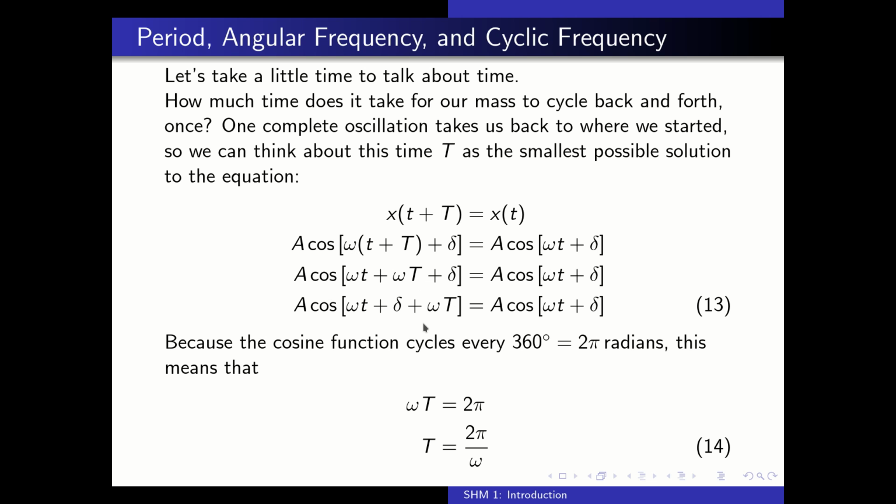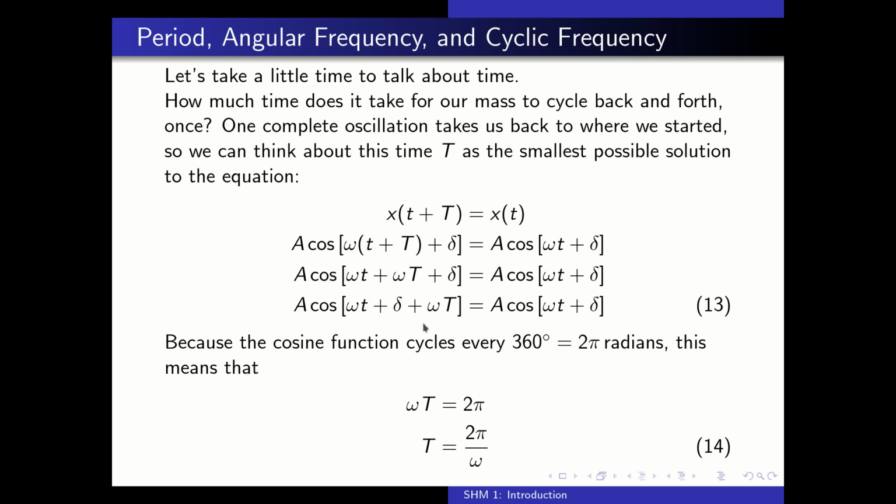So let's talk a little bit about time. What we want to do is take a look at our position equation and see how the period, the time of the oscillation, falls out of this equation. One way we can think about the period of the oscillation is the smallest amount of time it takes for the oscillation to get back to where it started.